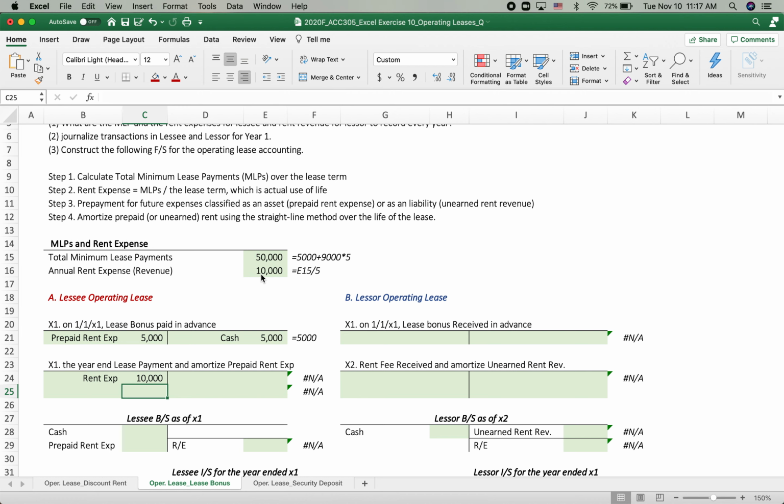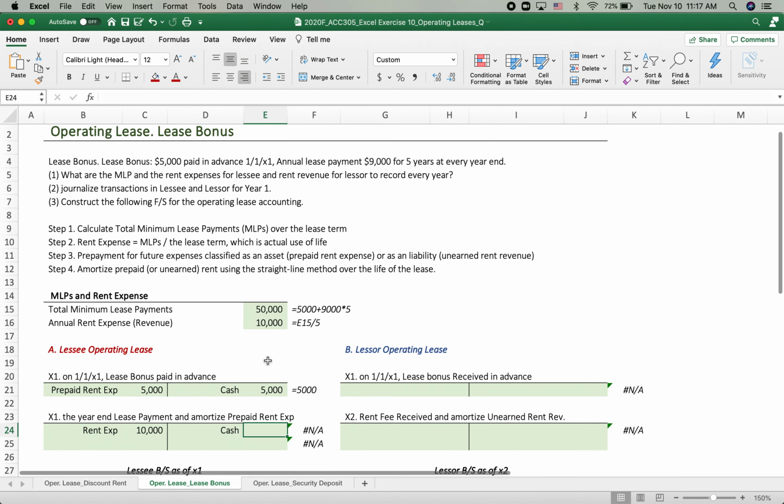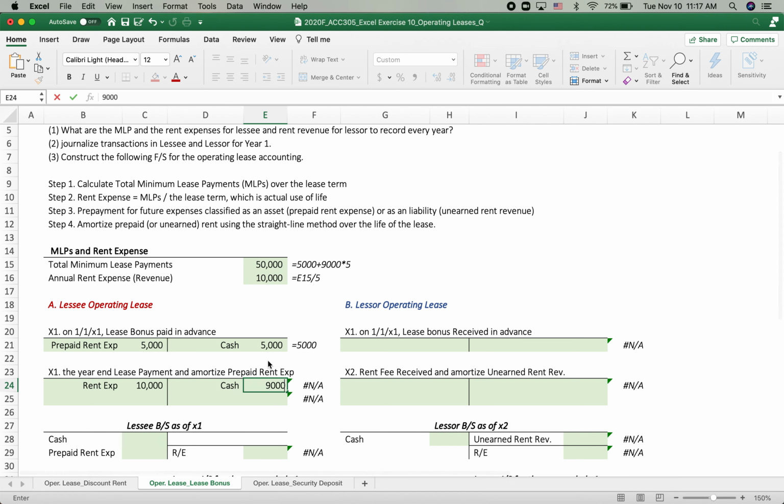So $10,000 is what they have actually used for this facility. And how much did the company pay for the second year? $9,000.